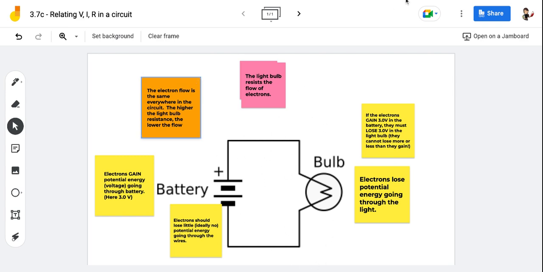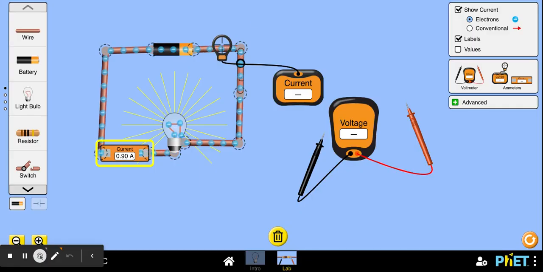The last thing that I wanted to talk about is resistance. So the load is where my resistance is at. So the light bulb here will resist the flow, and when it resists the flow, it can convert electricity into something else like light. A heater, like your toaster, would convert that electricity into heat.